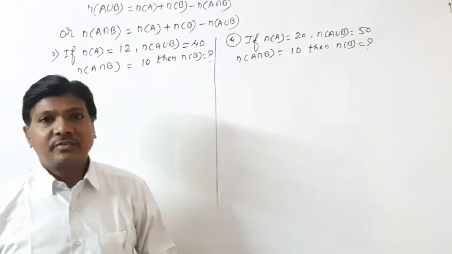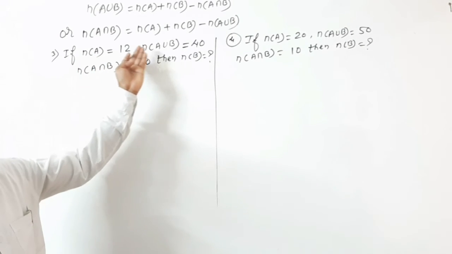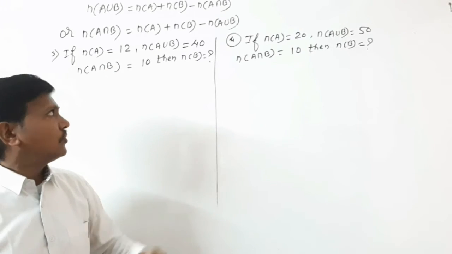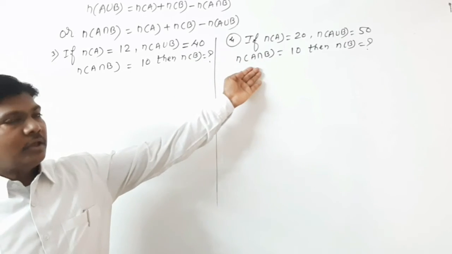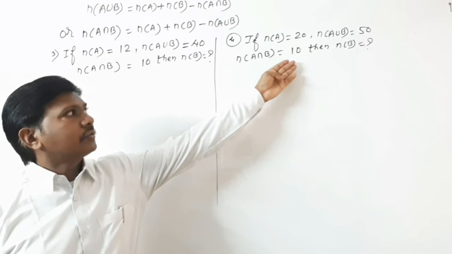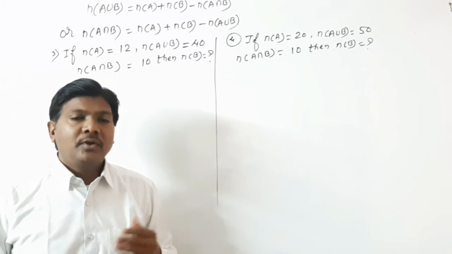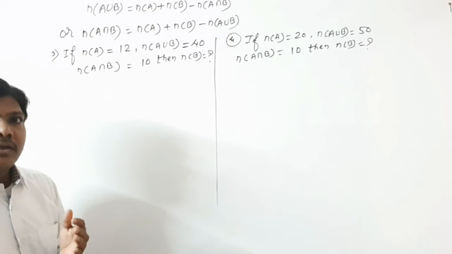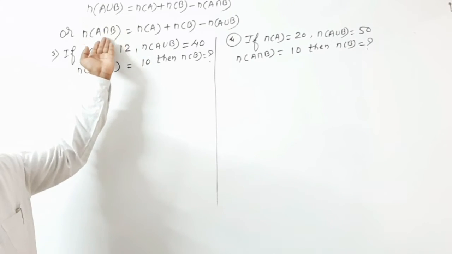See the next example. Here number of elements in A is 12, union and intersection both are given, and the question is to find the number of elements in B. Similarly here also one more question: union is 50, intersection is 10, n(A) is 20, again the same question, find the number of elements in set B. So here you can use any formula, first or second, because both the values are given.